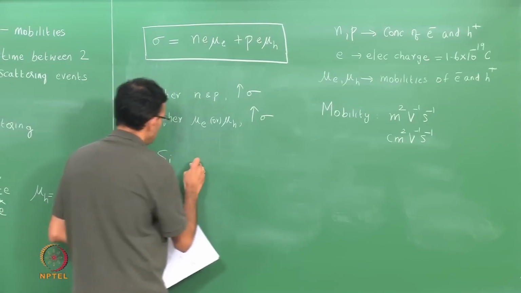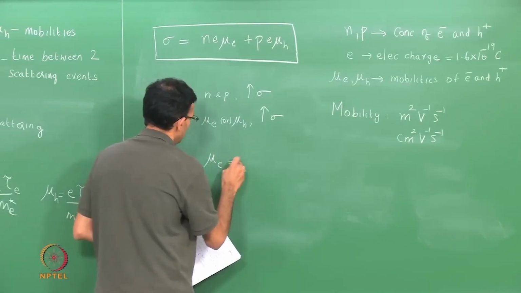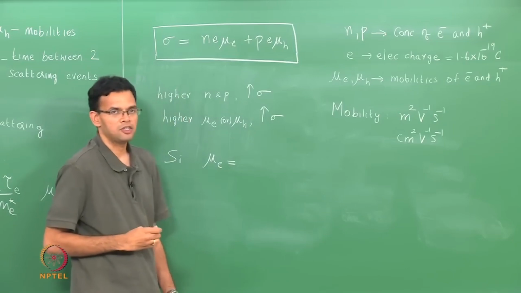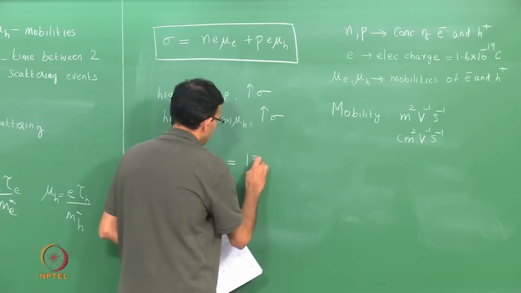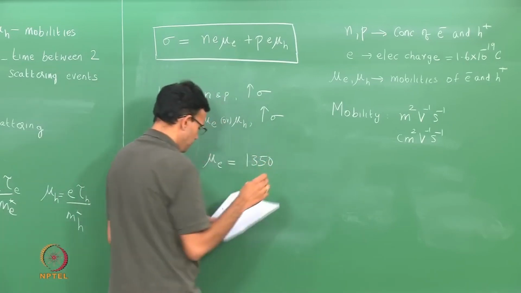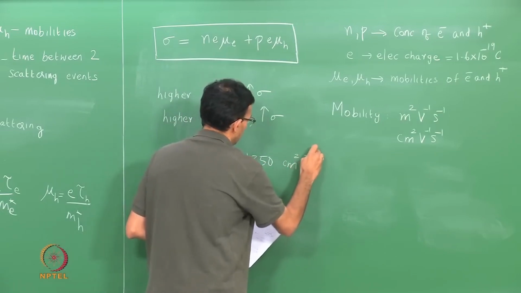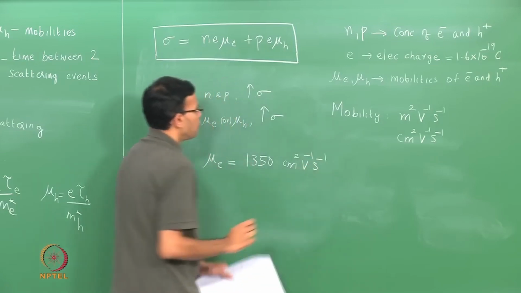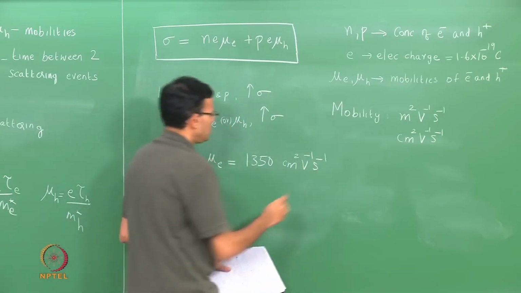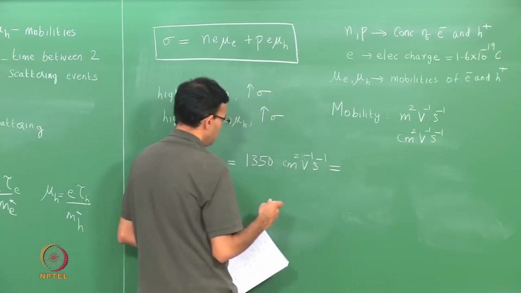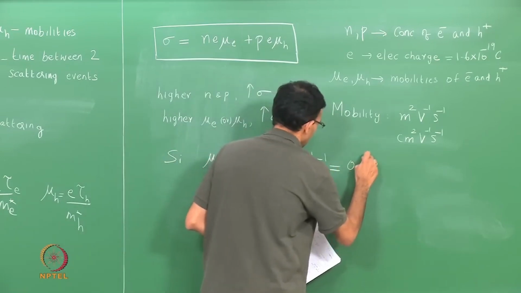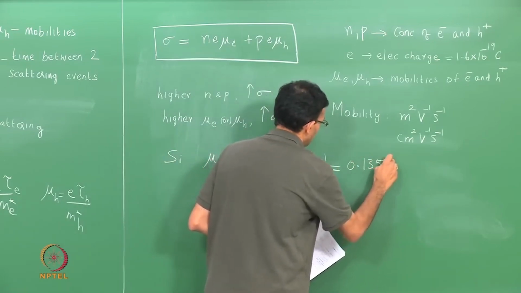For silicon, mu e, which is the mobility of the electron in the conduction band, is around 1350 centimeter square per volt per second. If you want to convert this to SI units, you just divide by 10 to the 4. So, this is 0.1350.